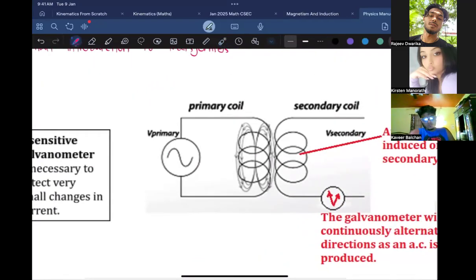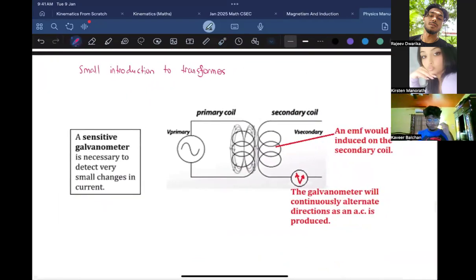So Justin, let me make some notes here on the primary coil. Let me write down a little introduction for a transformer. A transformer is used to either step up or step down voltage.